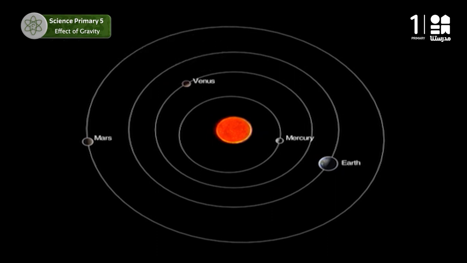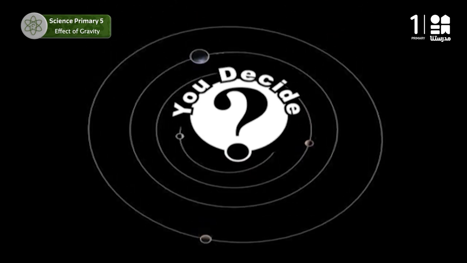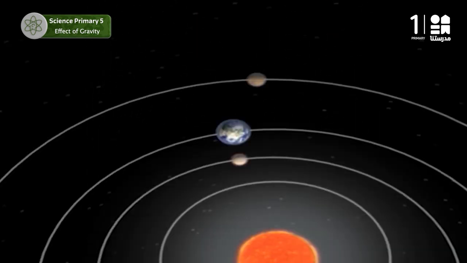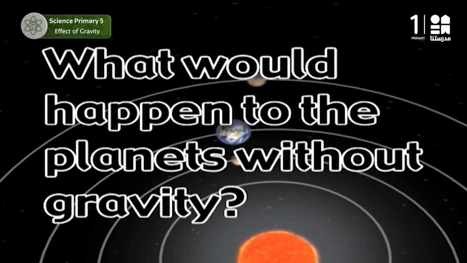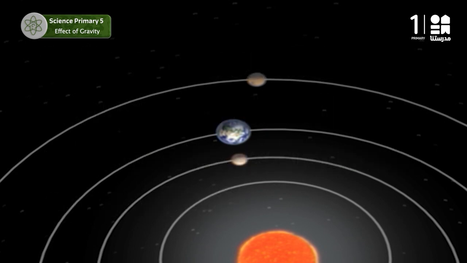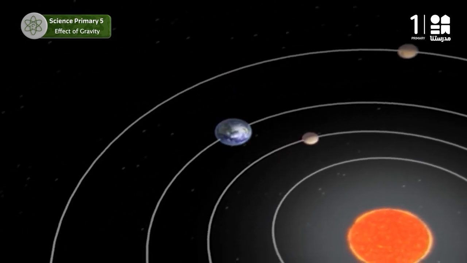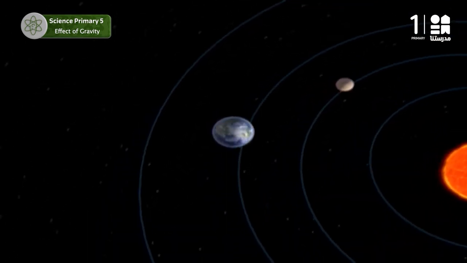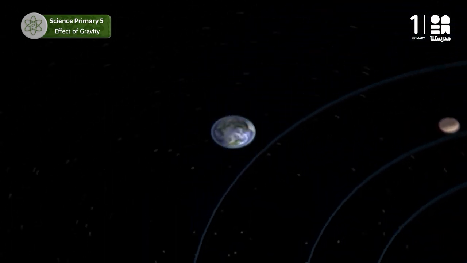The sun's powerful gravitational force holds all of the objects in the solar system together. You decide. What would happen to the planets without gravity? Without gravity, Earth and the other planets would fly off into space.